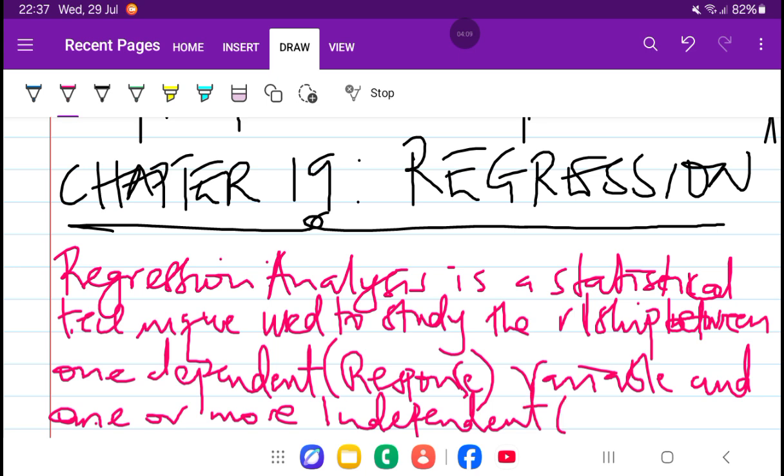The independent variables are also called predictor or explanatory variables.